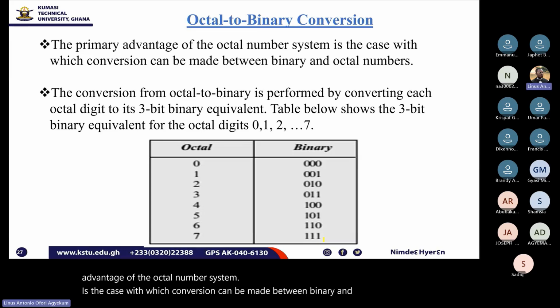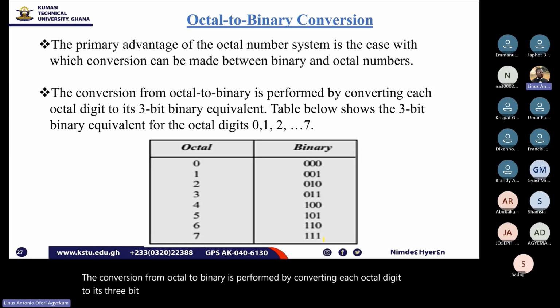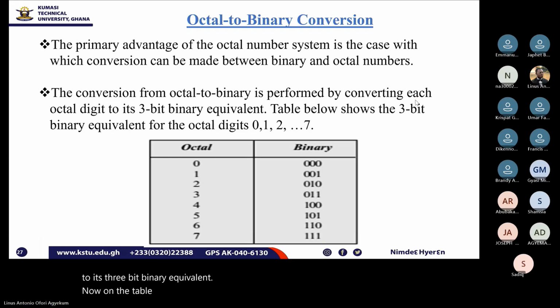The conversion from octal to binary is performed by converting each octal digit to its 3-bit binary equivalent. The table you see here shows the 3-bit binary equivalent of each octal digit.